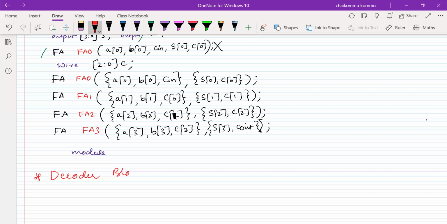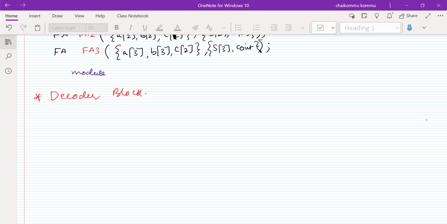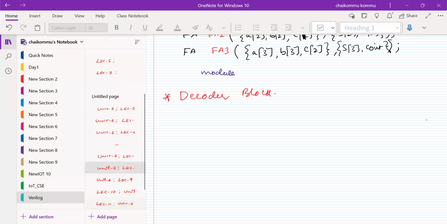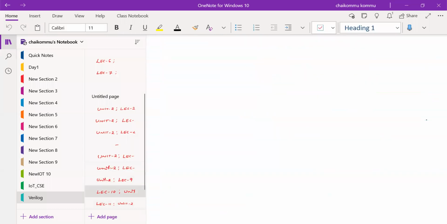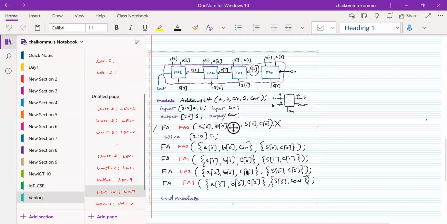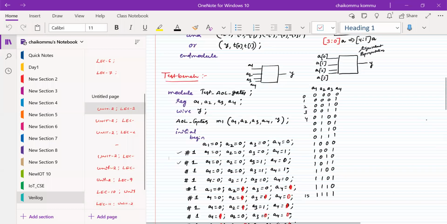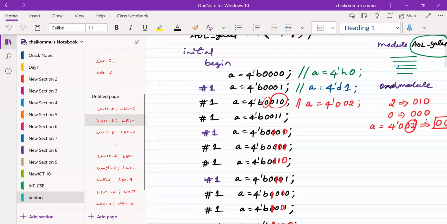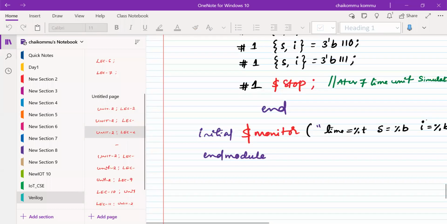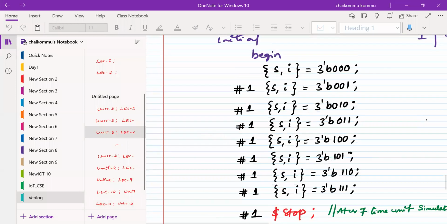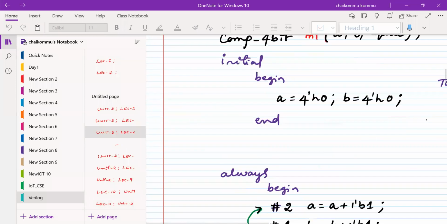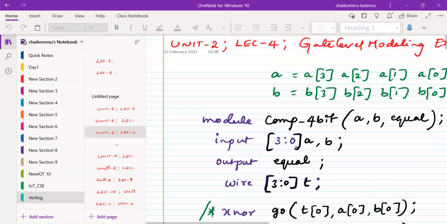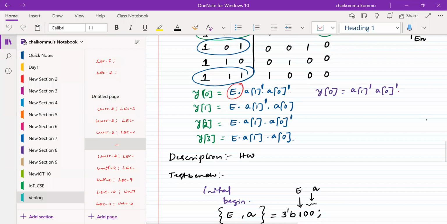The decoder also I'll take from outside. Somewhere I have written it, the test bench. Just wait for a second. Decoder, somewhere I have written. Yes, this is it. A decoder without enable is what we are using.